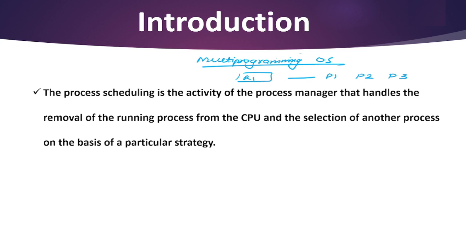So this is a multi-programming, multi-processing operating system. So process scheduling is a very important part in this type of operating system that we have already discussed in detail in some previous lectures. It is also the process of removing the running task from the processor and selecting another task for processing, and it schedules a process into three different states.